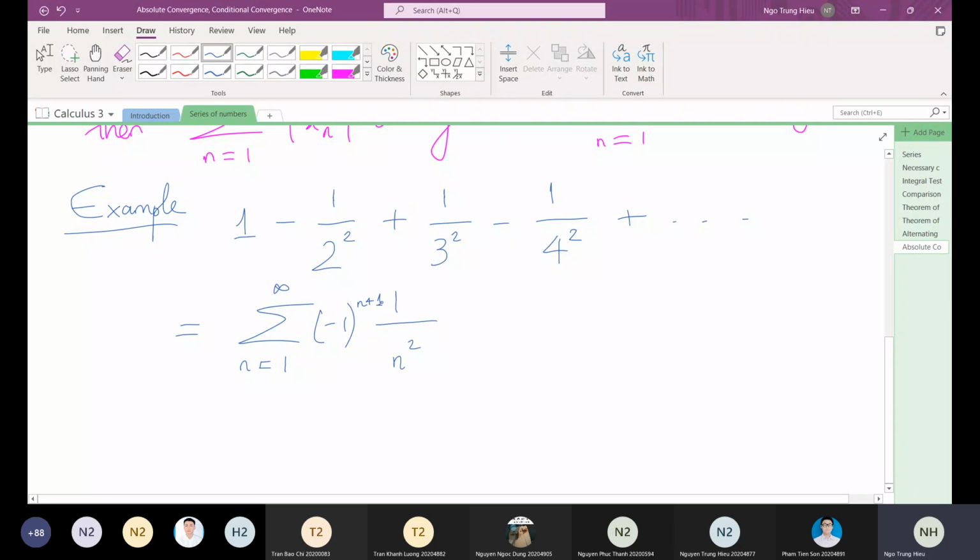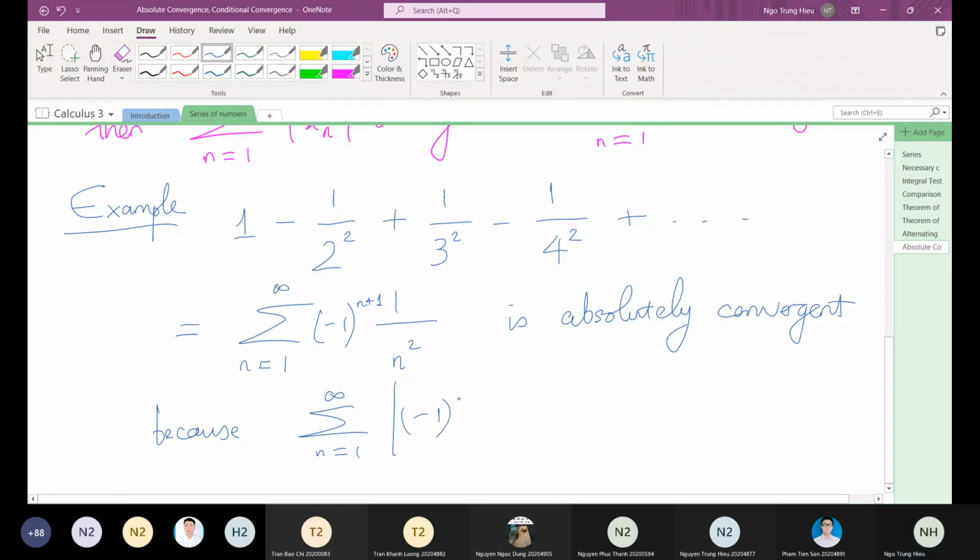Right? So this series is absolutely convergent, because if we take the absolute value, we have a P series which converges. So this is our first example.